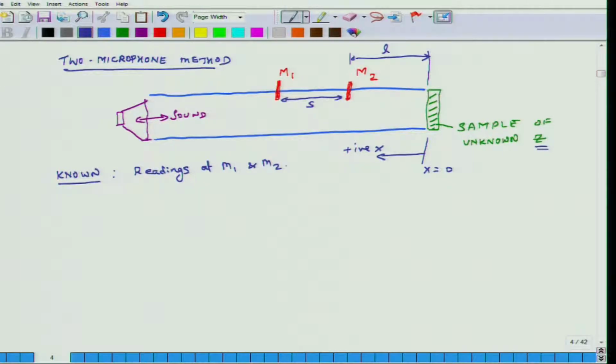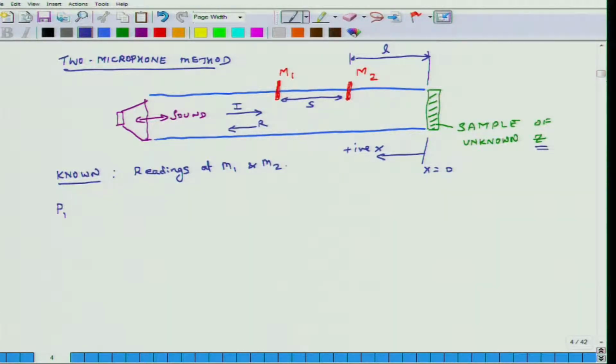So I have to figure out a relation in terms of the known parameters so that I can calculate Z. What else? This is my incident direction, which I refer to as I, and this is my reflected direction, which I refer to as R, because sound, when it starts from the speaker, travels along the length of the pipe, hits this sample with unknown Z, and then gets reflected.